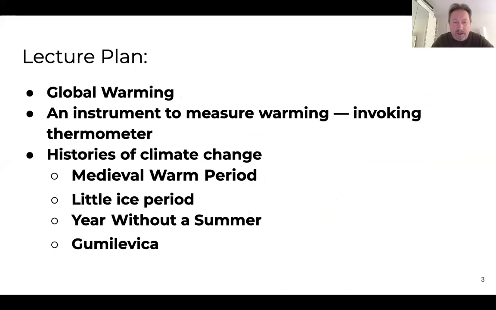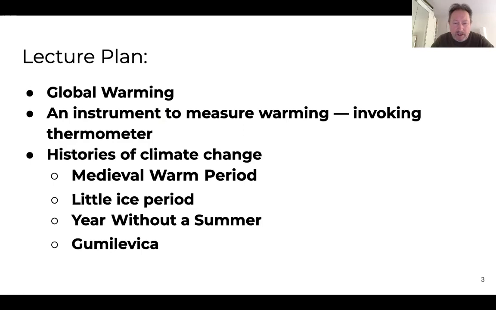Global warming is really connected to population growth. Population growth is a subject of demography. Then I explain to you an instrument to measure warming, invoking a thermometer. The thermometer is the most important thing in this subject.